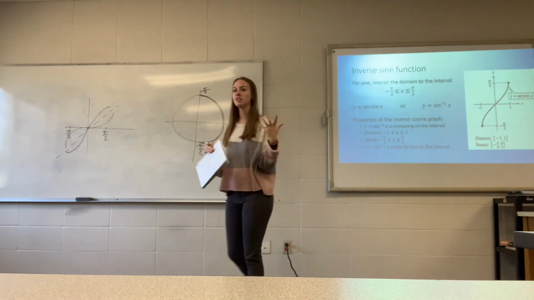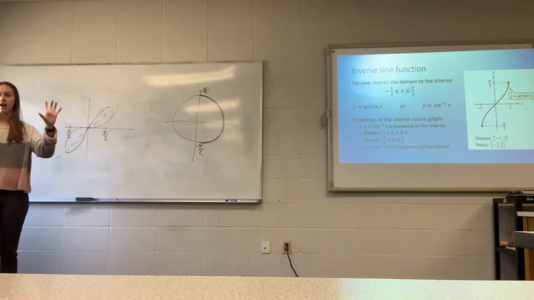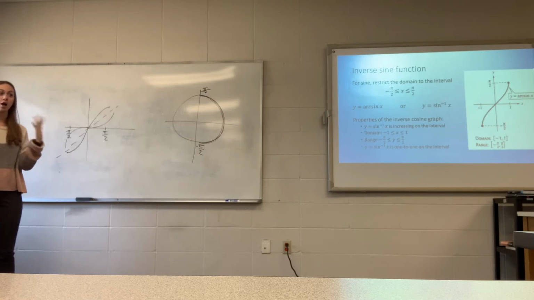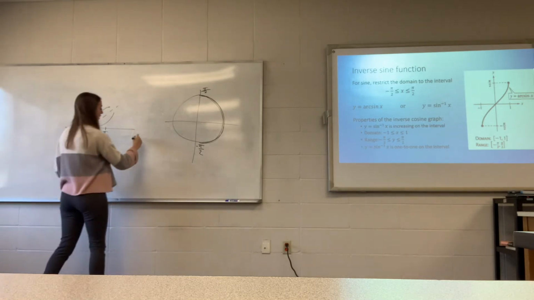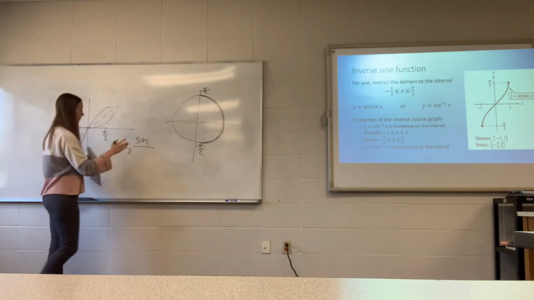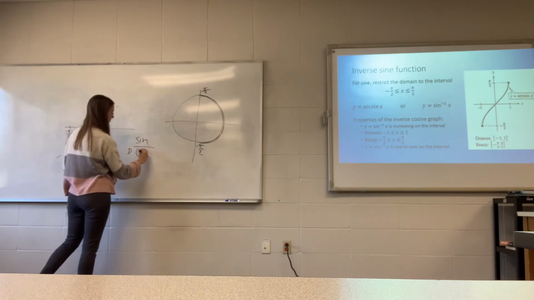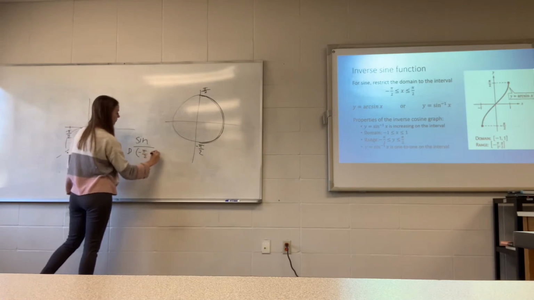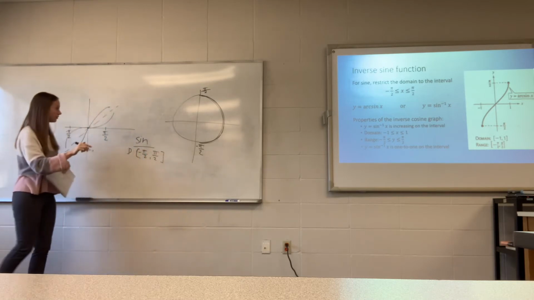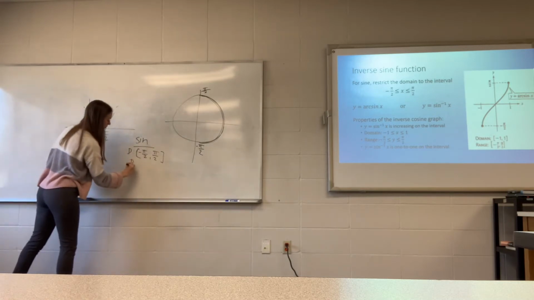And these make sense because remember when we were talking about inverses, we said your x and your y flip, like your domain and your range are opposite. So for a normal sine graph, if we were to limit our sine graph from -π/2 to π/2, our range was from -1 to 1.